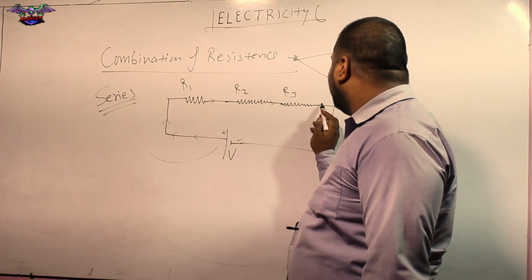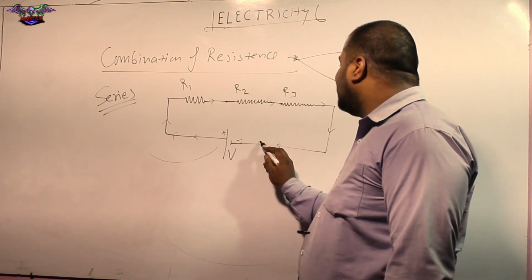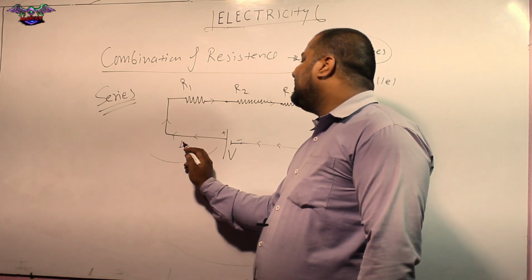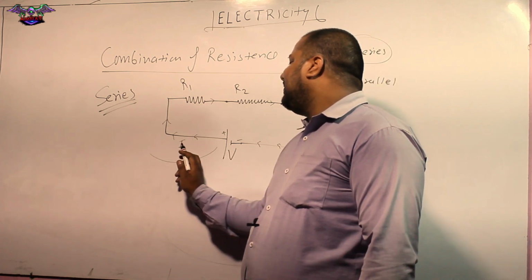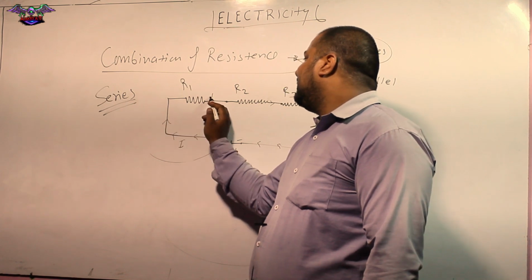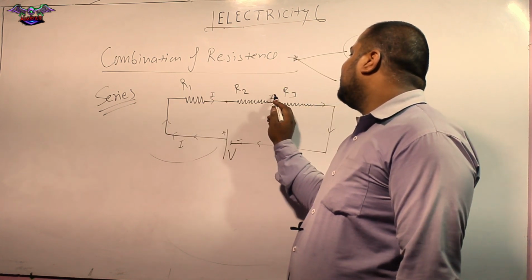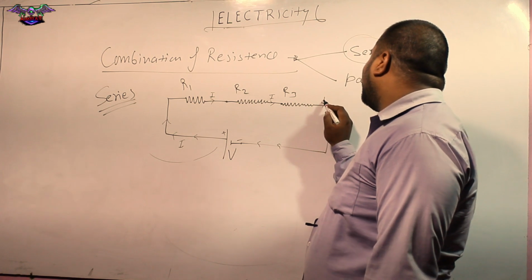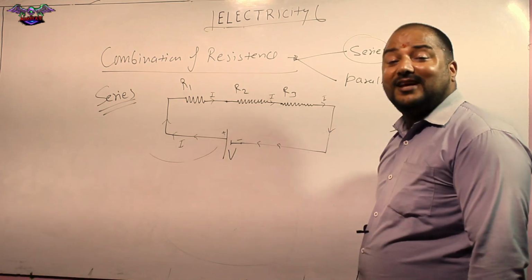Means current will be the same throughout the circuit. If current I is flowing from the battery, then this current I will be here also in R1, in R2, and in R3. The same current is flowing.